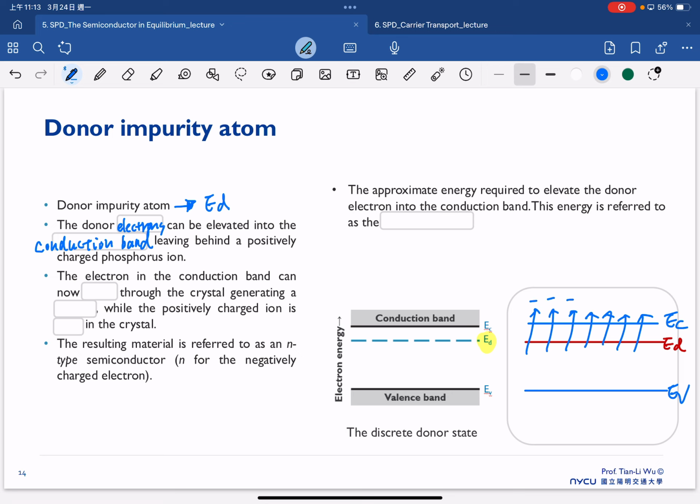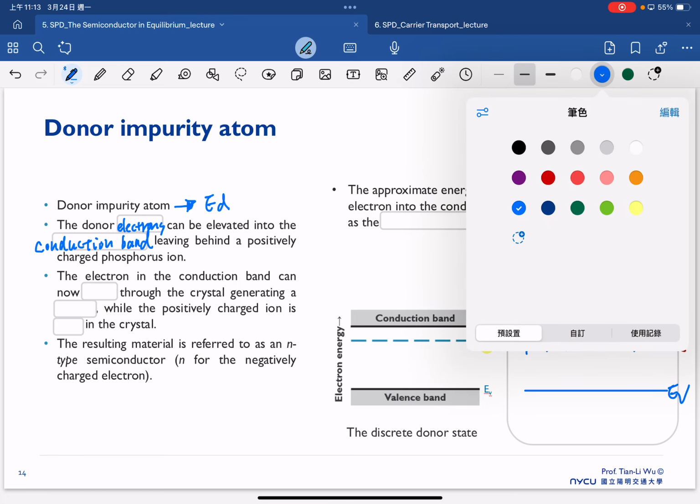So now the ED is a donor atom that has a lot of free electrons. This free electron will jump to the conduction band, and this jump to the conduction band in the end becomes the current.